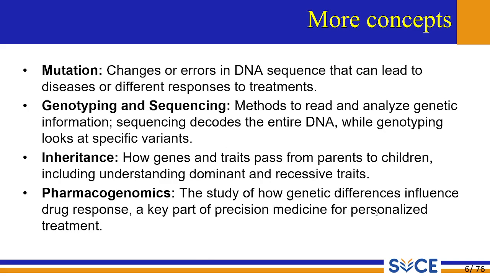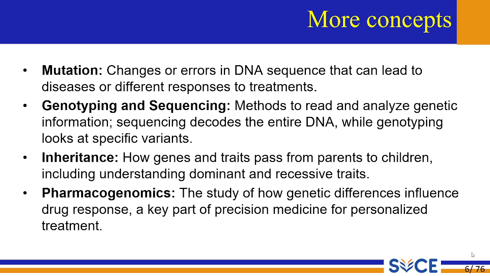Here's more depth. Mutations are changes in DNA that can lead to disease. Genotyping and sequencing are methods to read and analyze genetic info. Inheritance explains how traits pass from parents to children, like dominant and recessive genes.